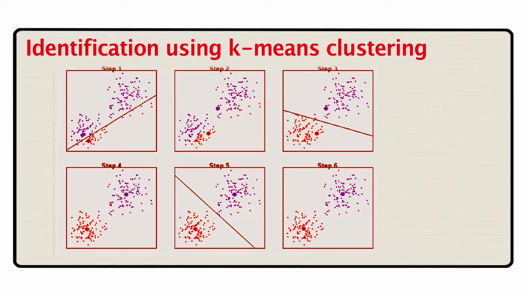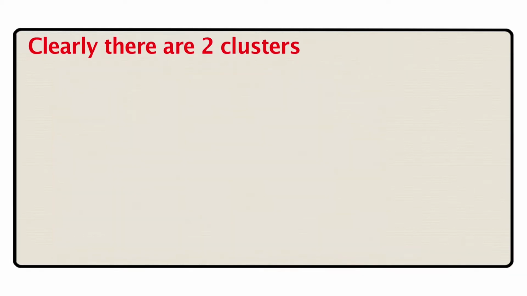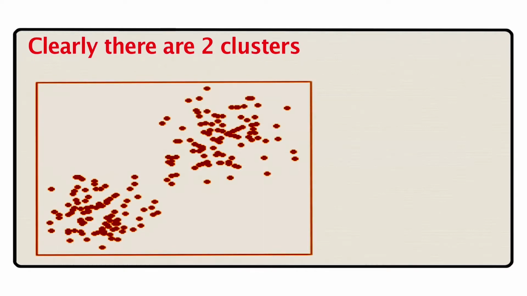So from step 2 to step 3, and then step 4, 5, and ultimately at step 6 we find two distinct clusters, and you can see that there are two very clear-cut clusters, one on the right hand top and the other at the left hand bottom side of the screen.